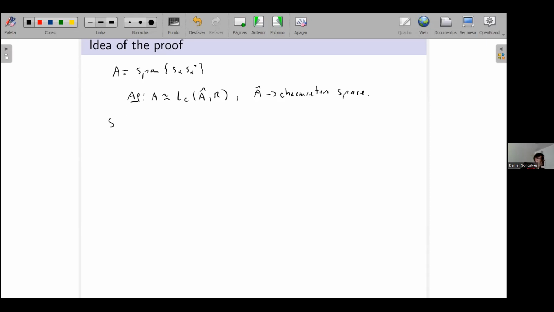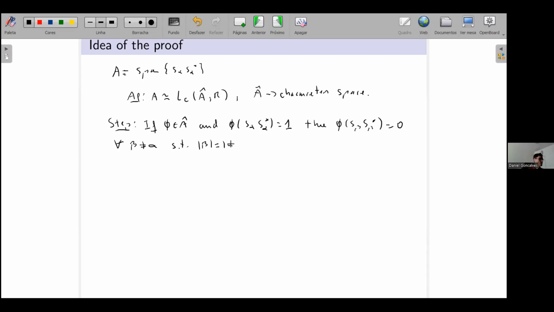The idea follows from the following claim, which is really simple: if you have a character phi, and phi of S_alpha star is equal to 1, then phi of S_beta star has to be 0 for any other beta different from alpha such that beta has the same length as alpha.